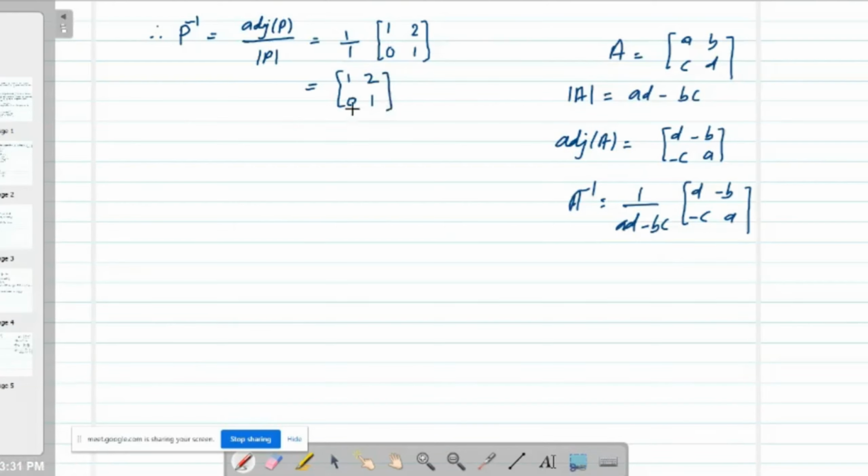So inverse of matrix P is just adjoint of matrix P. Okay. So this is the inverse of matrix P.